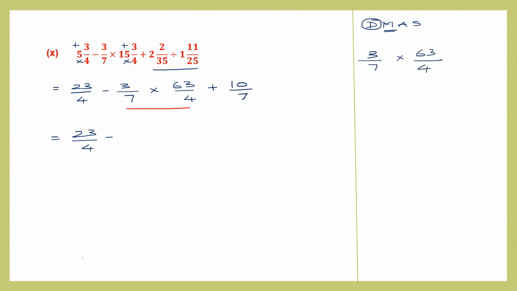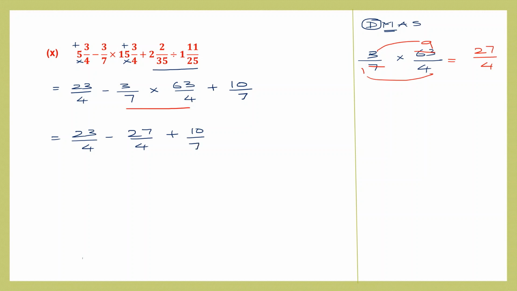We can cancel 7 and 63. 7 1s are 7 and 7 9s are 63. So here we can multiply the numerators. 9 into 3 is 27 and denominators 1 into 4 is 4. So that is 27 by 4. Then we write the rest of it plus 10 by 7.